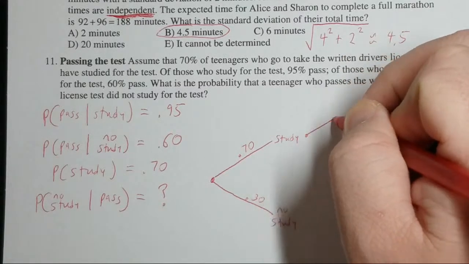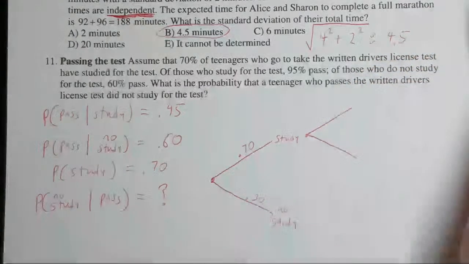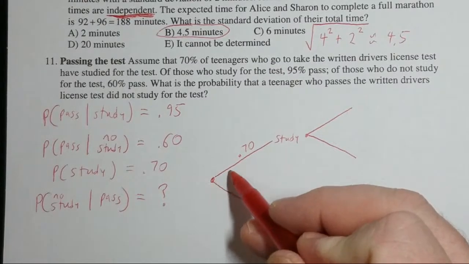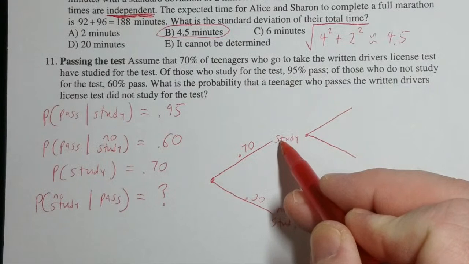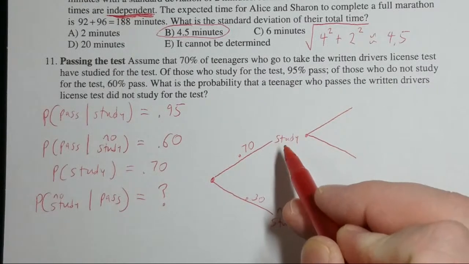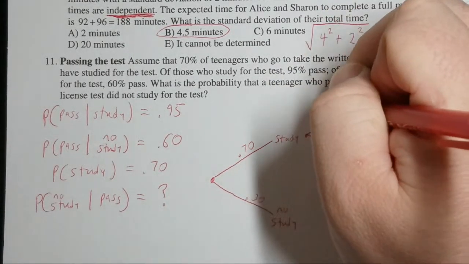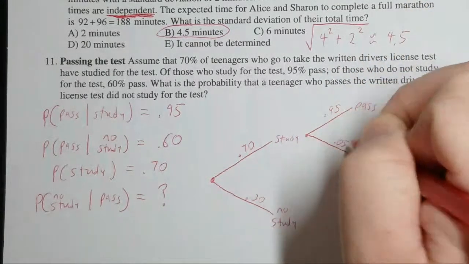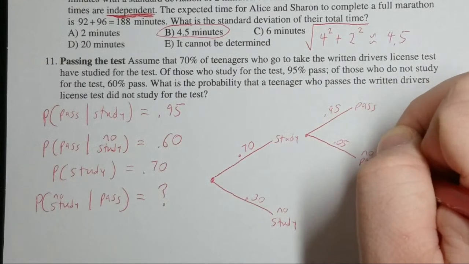Now, from the study branch, 95% pass given that they study, or given that you have already gone down the branch of studying. If you have studied, 95% pass, and 5% don't pass.